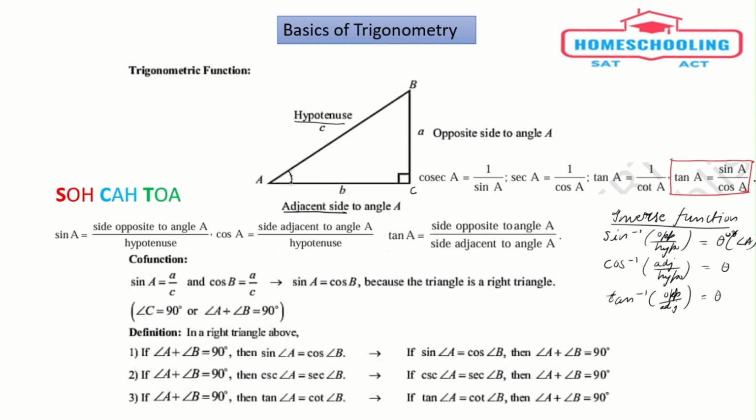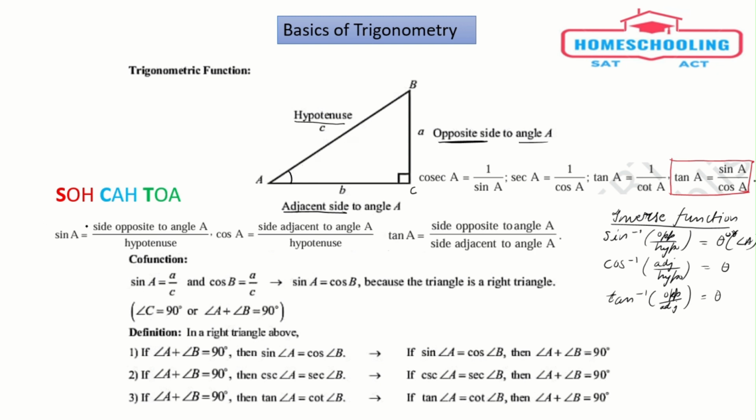Then AC would be your adjacent, and the side that is opposite to this angle is called the opposite side to the angle A. So you have to remember this before we move on to the trigonometric functions.